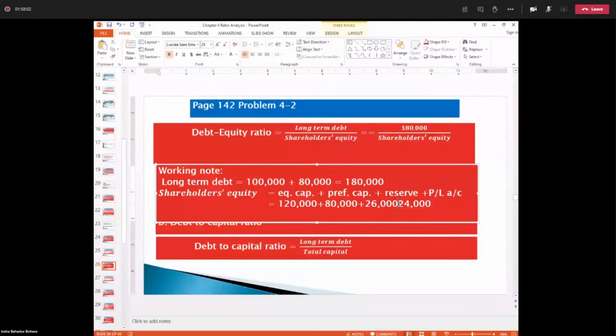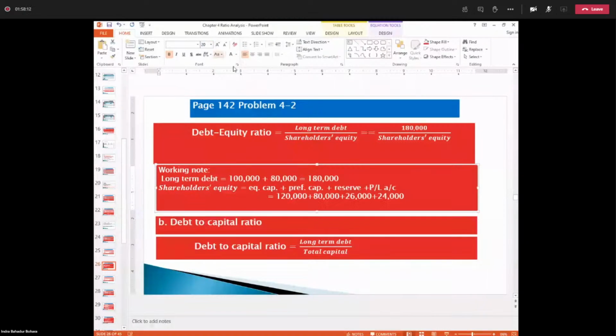Keep it in mind, not necessary, but unamortized expense is 0, not given here. So 2,50,000. Now divide by 2,50,000 in the formula; it equals the ratio.